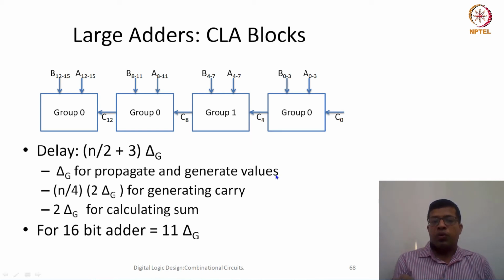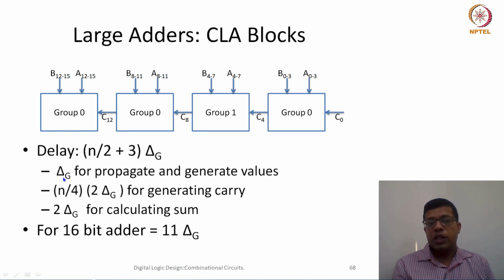From a 4-bit CLA perspective, the advantage was not much. In case of the ripple carry adder, we were seeing the delay as 8 delta G delays. Here in the 4-bit CLA it was 7 delta G delays, but in case of 16-bit it could be substantial, because now generate and propagate of all of them could be generated at once.